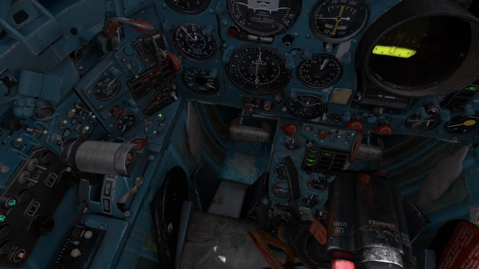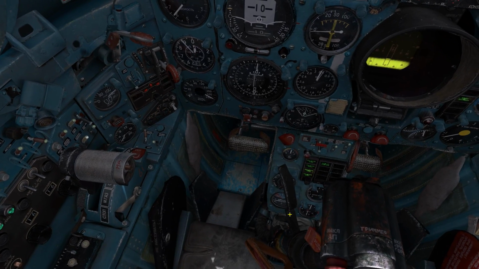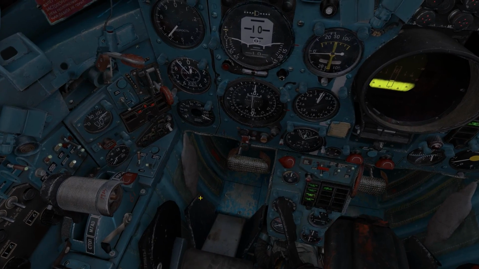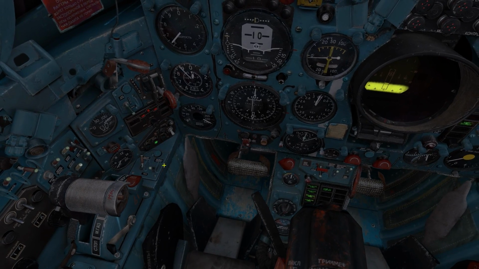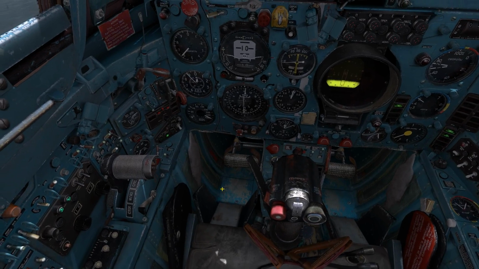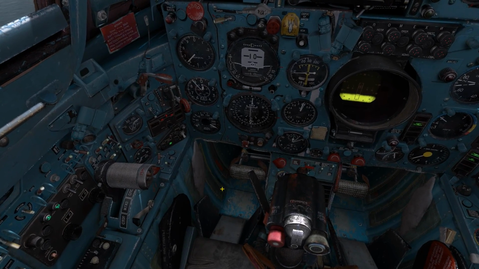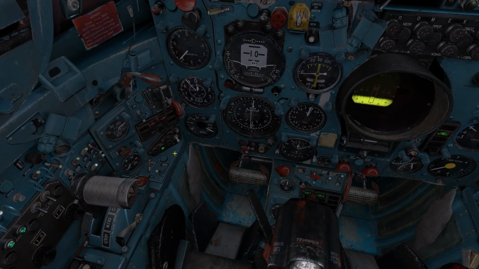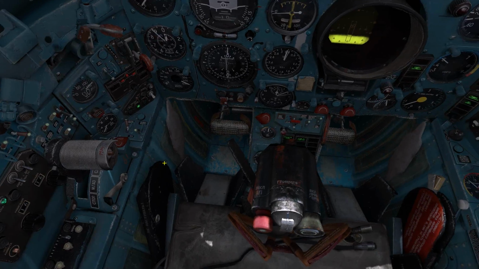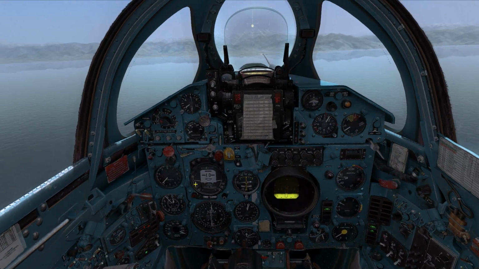As you can see, as soon as I pushed it, the light went out and the stick centered itself again. Be aware of that, because whenever the SAU landing mode is activated, you have no authority over the stick. You have to push this button down here to disconnect the landing mode and get your stick authority back.